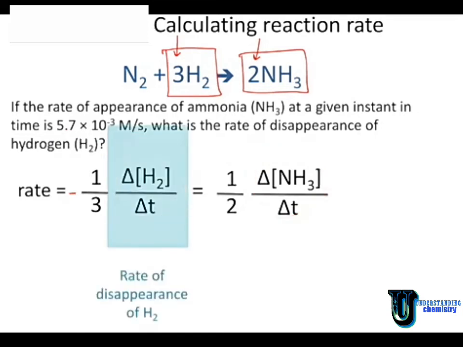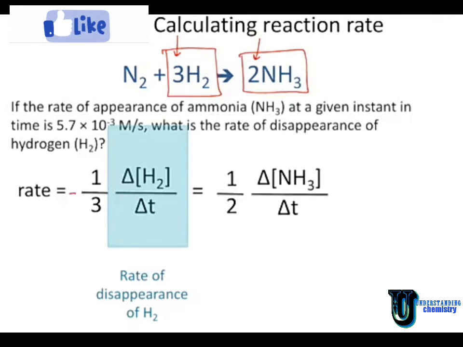One of the things I want to point out here that students tend to struggle with, and I erased all my writing so that you can see this, is that the coefficients just tell us how the rate of the disappearance of, say, one reactant relates to the rate of the appearance of a product or the disappearance of another reactant. And so we use the inverse of those coefficients to give us relative numbers here.